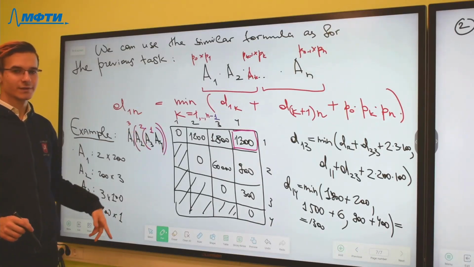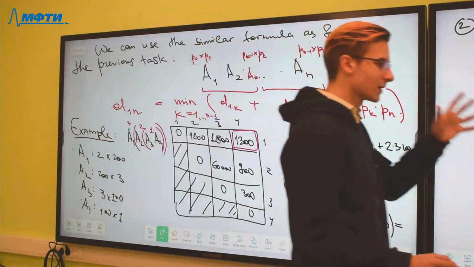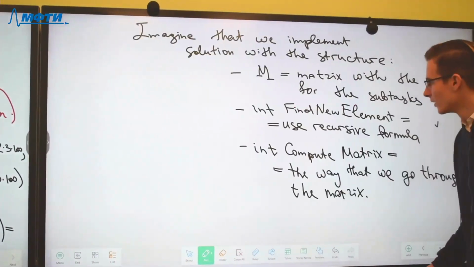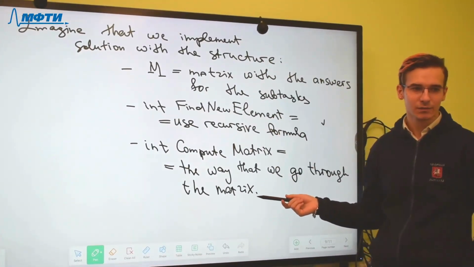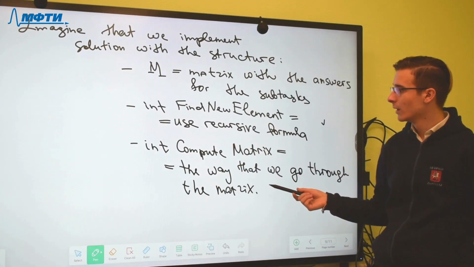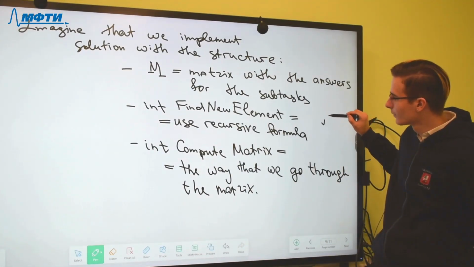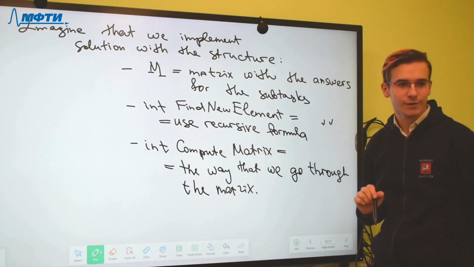So for this task, for the previous task, if we look as programmers, we can see that there are 3 main parts in it, and the only part that we change is the recursive formula.